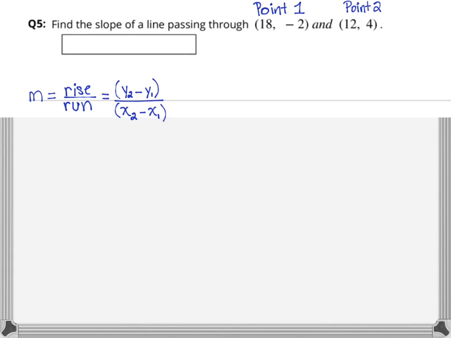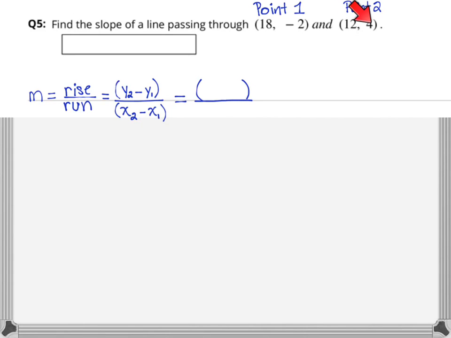So, here we go. I'm going to continue to write now, and instead of the actual formula, I'm going to put numbers there. So, we have y2 minus y1, and that's going to go here. Well, y2 refers to the y value in point 2. So, here's point 2.